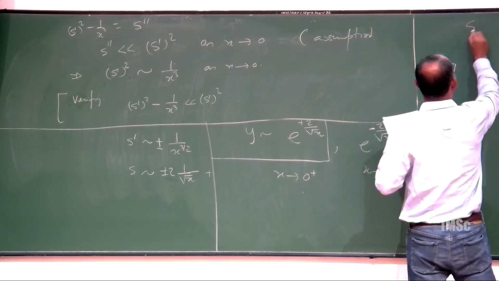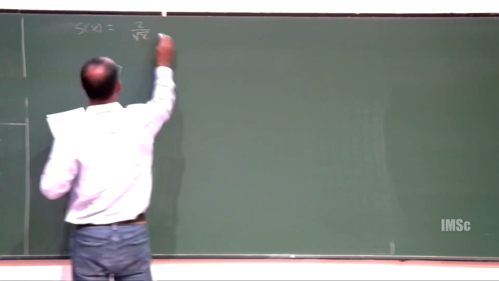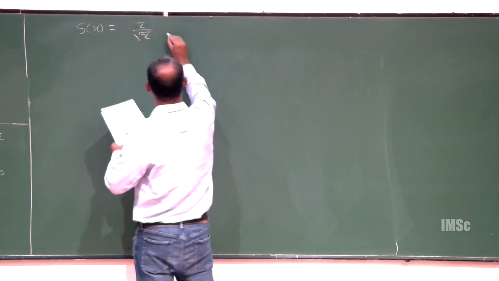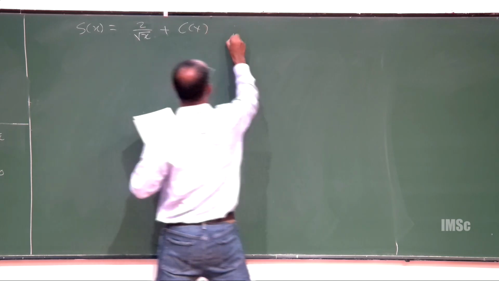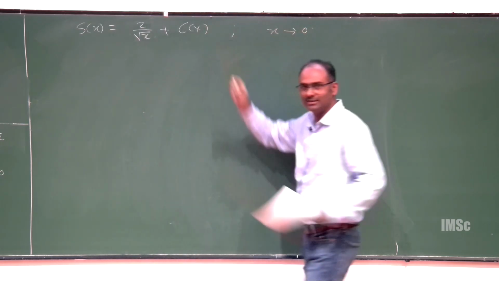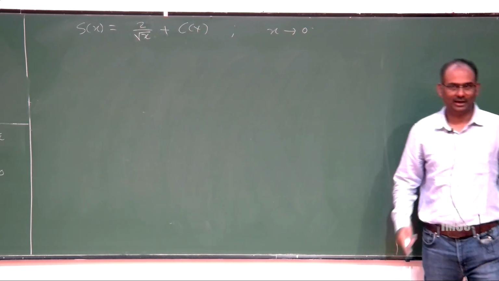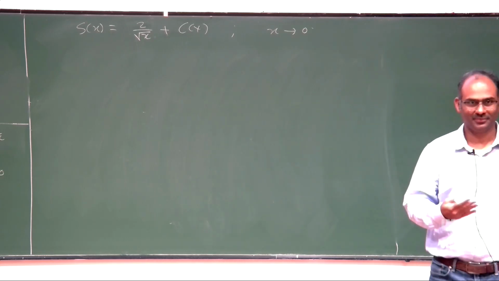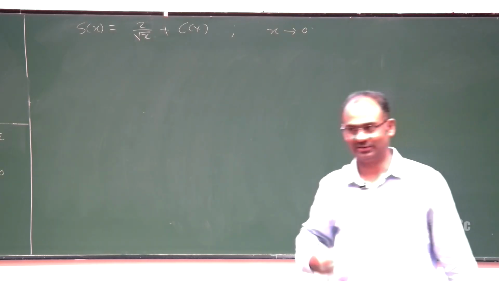Let's say S of x is 2 over root x, okay, I am putting equality here, plus some c of x. And now I want to know what c of x is. And again I will do the same kind of reasoning.